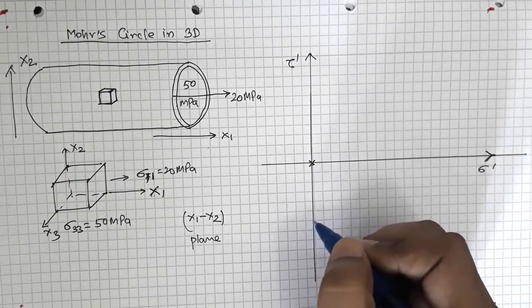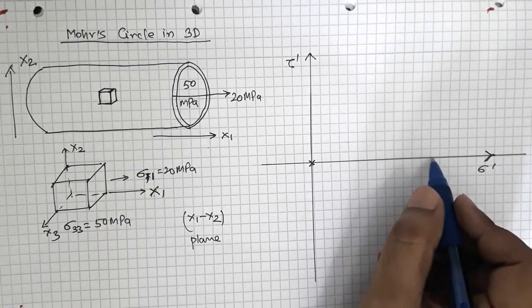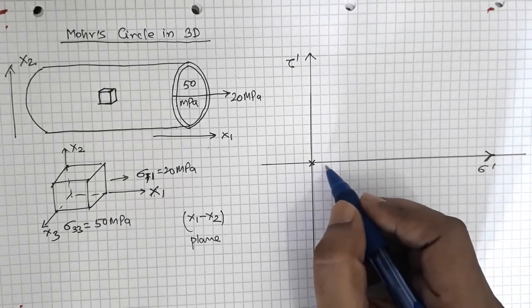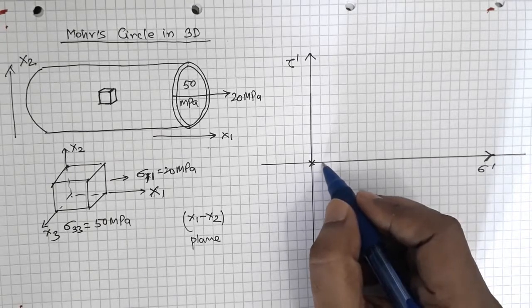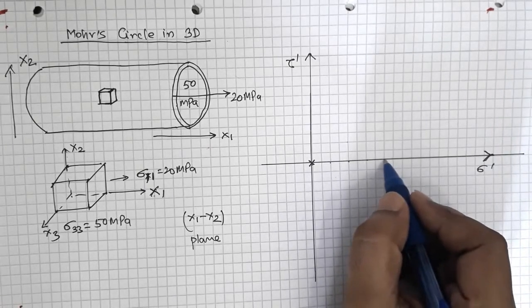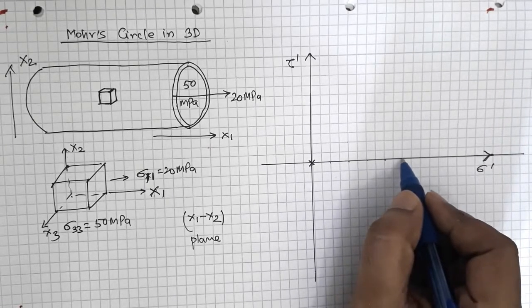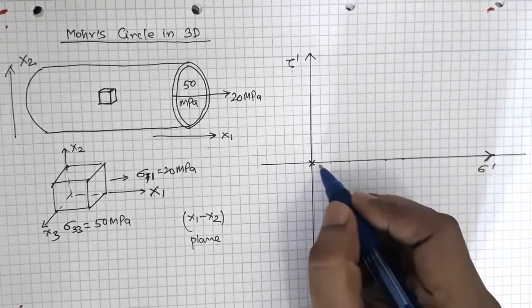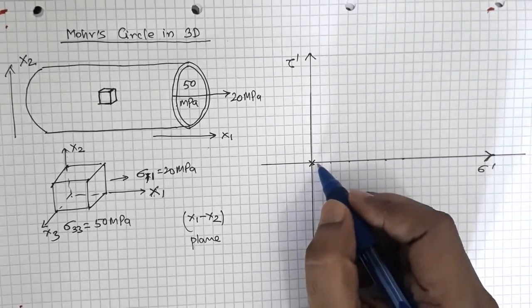So I have to draw 50 also, so I can draw 10 blocks. Can I draw 20? 2 4 6 8 10, no, 20 will go out of the screen, so I will plot 10 for 50.